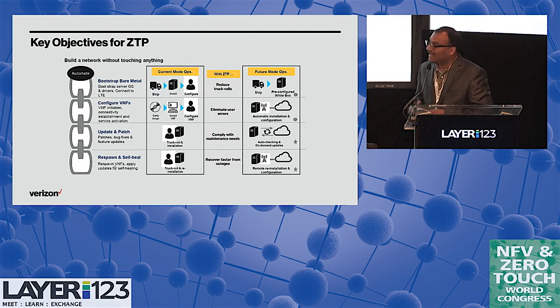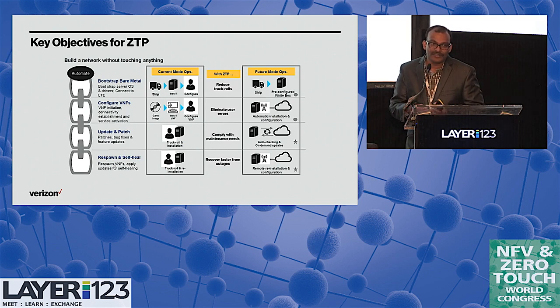So the initial step is to bootstrap the bare metal, how the OS has to be baked into it, and the drivers required for the LTE radio or physical ports or any hardware drivers have to be installed. That's a first step anyway.